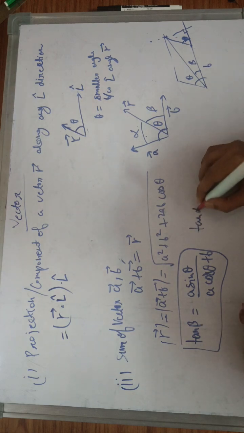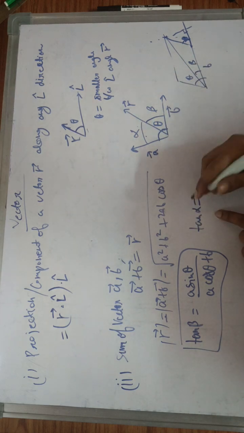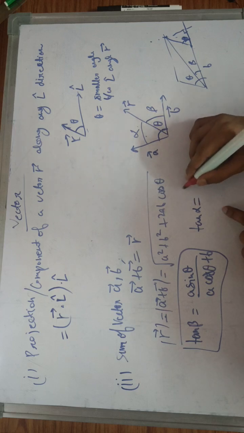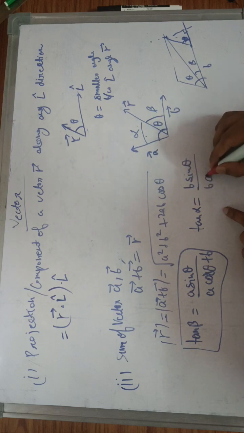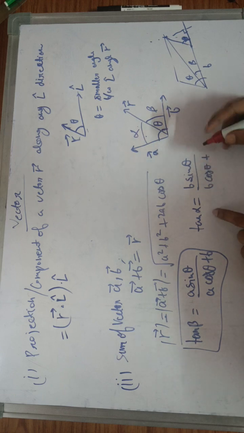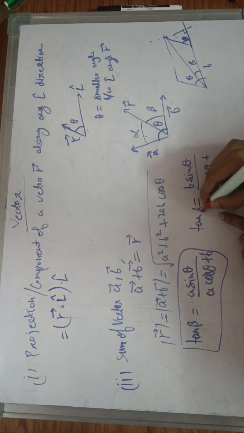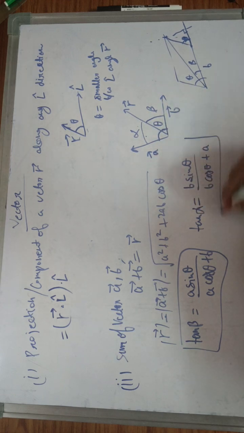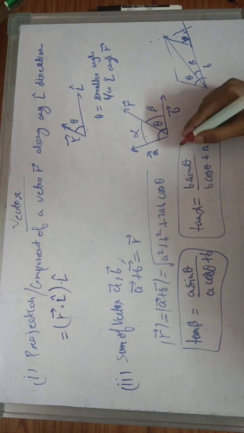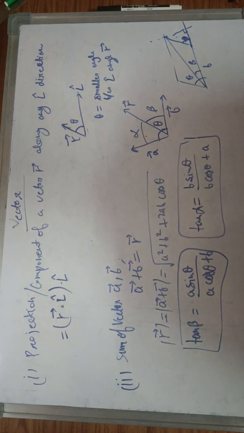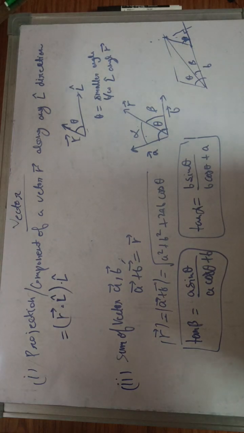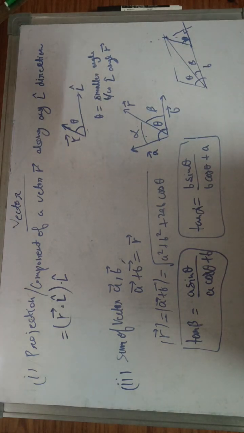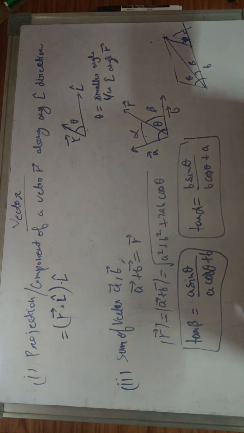Similarly, we can write tan alpha as B sine theta upon B cos theta plus A, the vector with which the angle is made. So I can write the sum of vectors A and B as this. So this is simply how to write the vector sum.